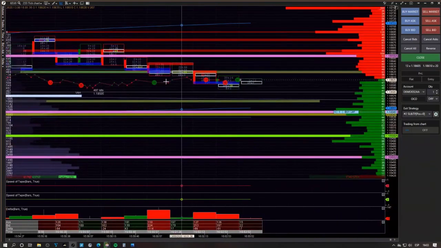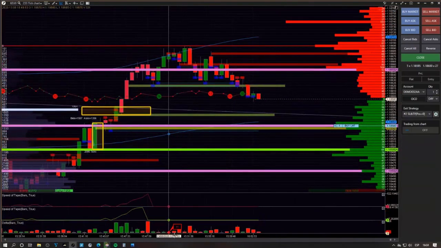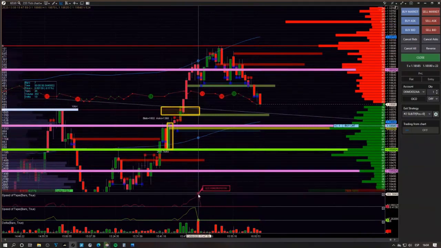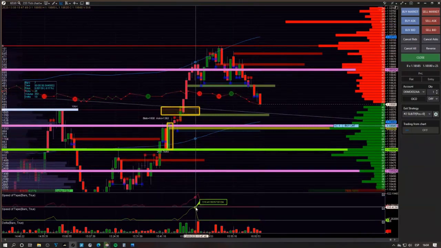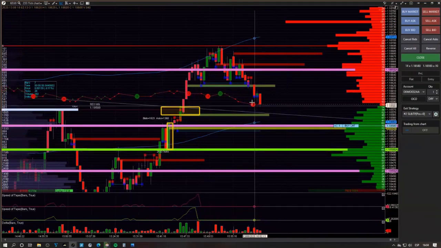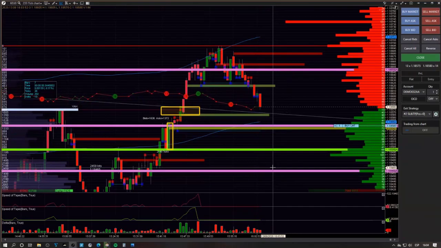Well, let's go back to the candles so we can see here. Let's see if there is any movement on the tape. This is very important for me. The tape, the speed of how aggressive the sellers or the buyers are being. Sometimes it can tell you that there is a change in the intentions.